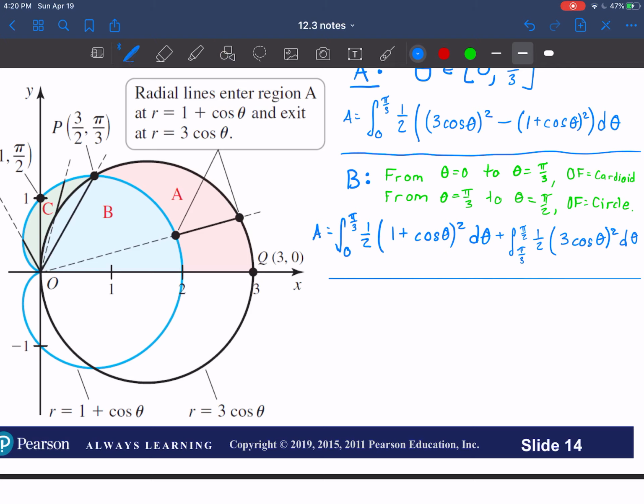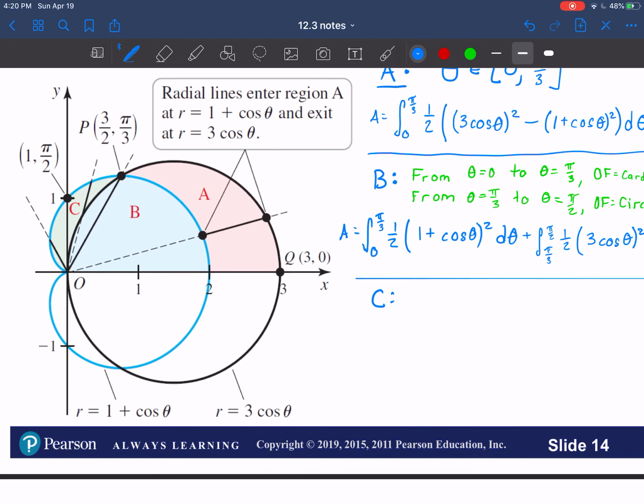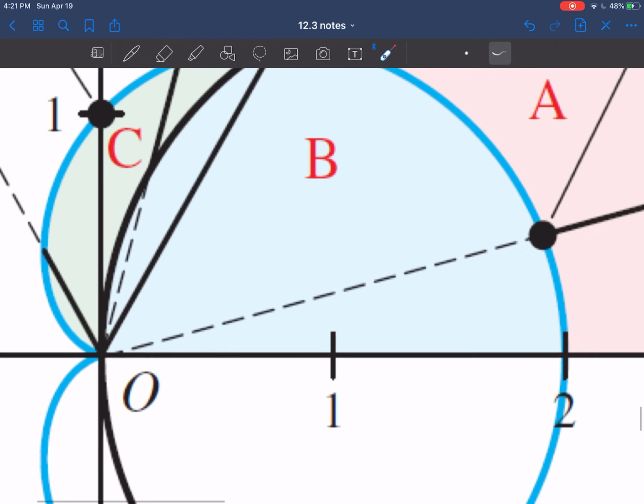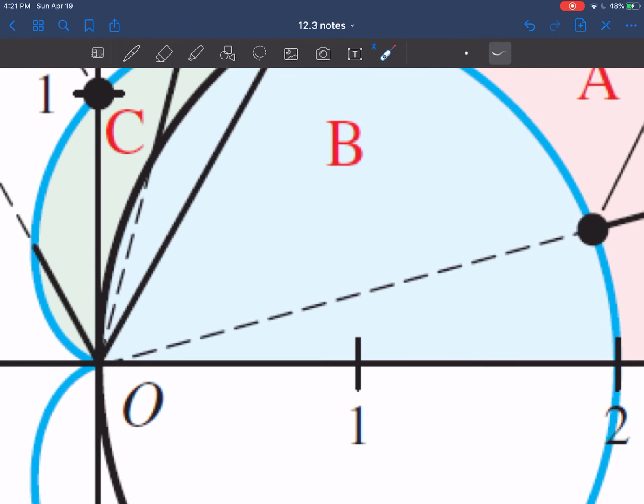So now for region C, it's still a little bit more complicated. So once again, region C is this portion, in case you can't determine the colors apart. It is this piece. So if we were to draw a radial line right here, what you will notice is that we actually do not start in our region C, right?